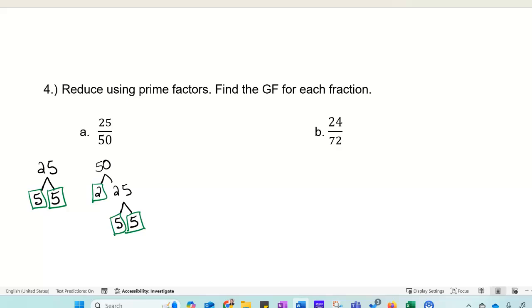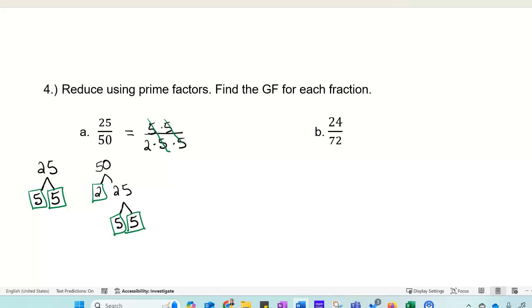Okay, so the next thing I'm going to do is to rewrite my fraction using those prime factors. So the numerator I'm going to write as 5 times 5, and the denominator I'm going to write as 2 times 5 times 5. Now I look to see what's common. Well, the 5s are common, right?